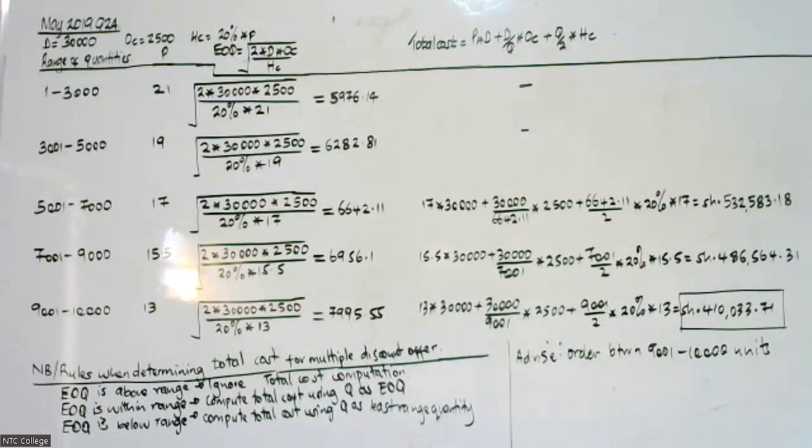Assumptions of EOQ. Number 1: the purchase price per unit is constant. Number 2: the ordering cost per order is constant.